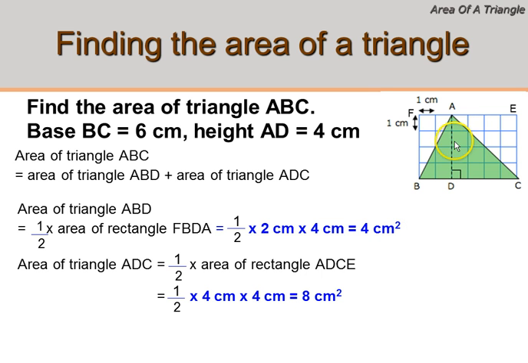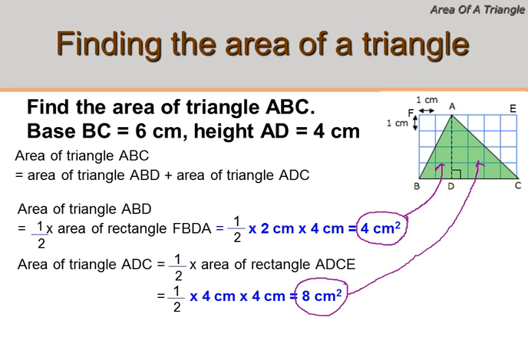And now for the next triangle, the same applies. The height is 4 and the base is 4. You have 4 times 4, 16 divided by 2. The area gives you 8 cm squared. Now, this 4 cm squared here is this portion, and 8 cm square is this portion.